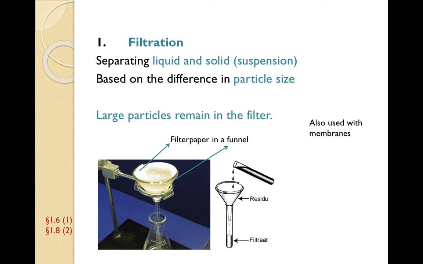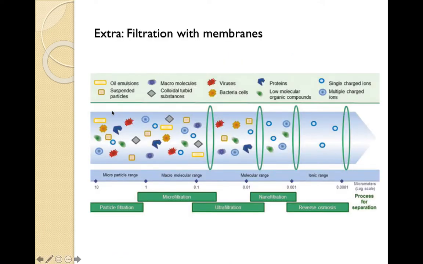And this is also done on an industrial scale with membranes. And here on the next page, you see that. The membranes can be simple, like tubes, where a mixture is led through, and very, very small particles can be filtered out. And you see here overall all the possibilities. So it can be the micro particle range, and then we are looking at 10 micrometers, for instance, and that's really very small, because think 1 millimeter is already 1,000 micrometers.